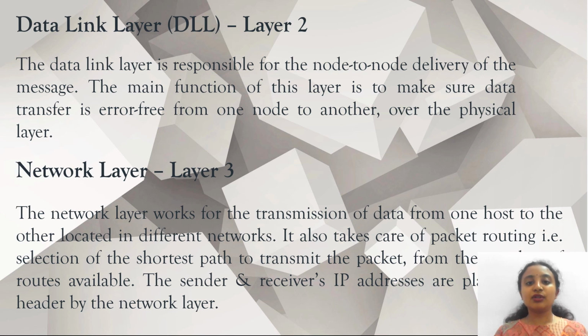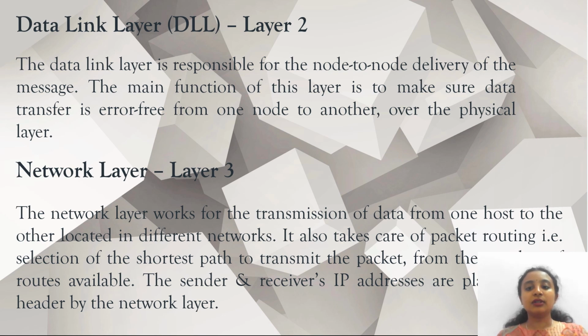The main function of this layer is to make sure that data transfer is error-free from one node to another node over the physical layer. The functions of the data link layer are framing, physical addressing, error control, flow control, and access control.